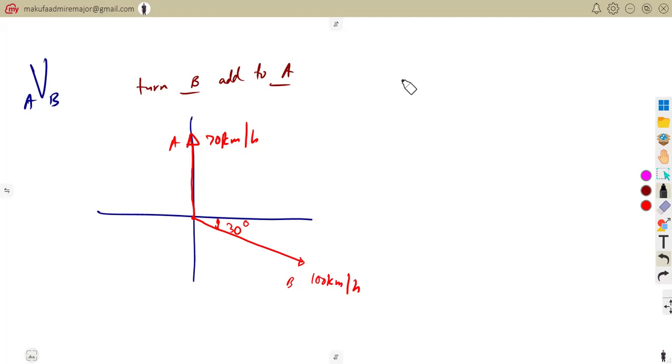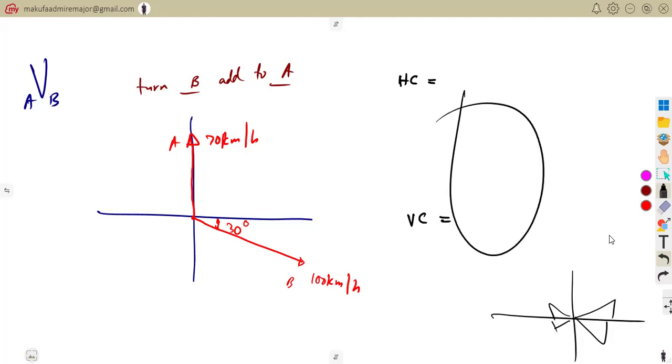When using components, you simply need the horizontal component and the vertical component. These are the ones you now take to the quadrants to say in which quadrant we are having the horizontal component that you obtained, and in which quadrant we have the vertical component. That is where the quadrants play a role, to say in which quadrant the horizontal is positive, or the vertical is positive, according to the answers you're going to have here.